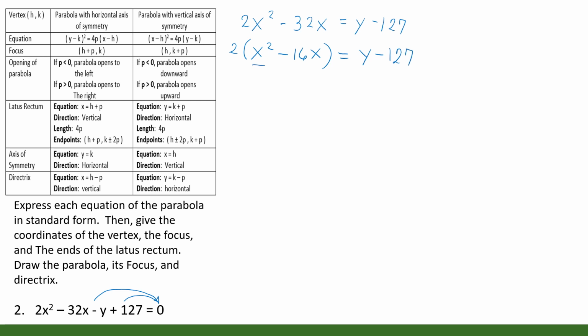Make these two terms a perfect square trinomial. So that is 2 times x squared minus 16x plus blank equals y minus 127.